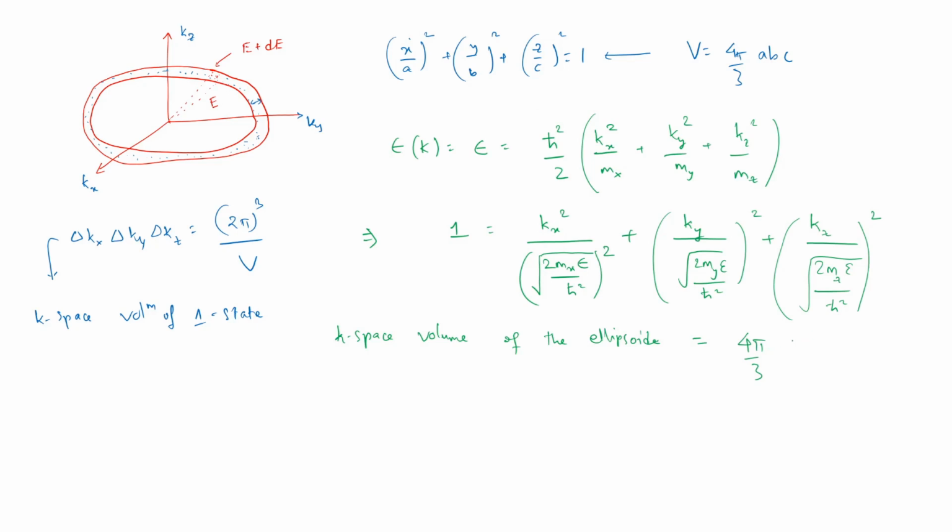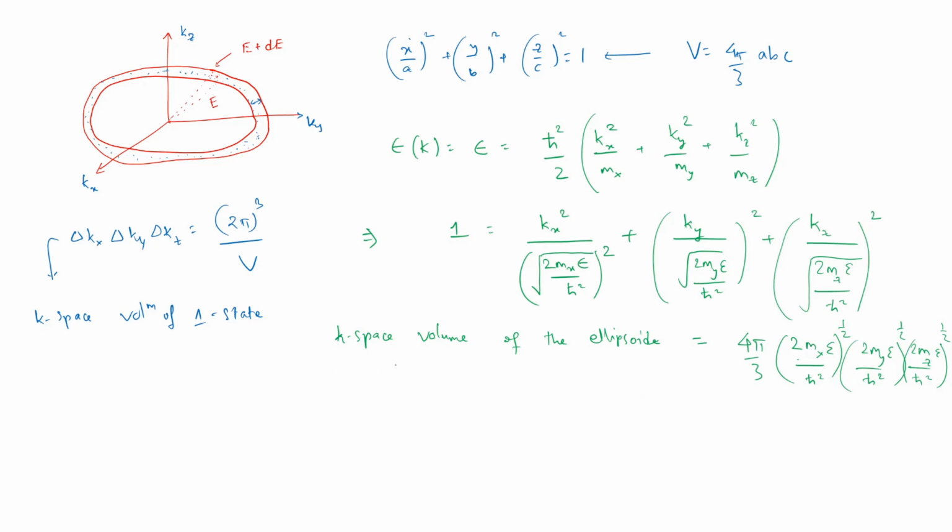So it would be 2mx by h bar square to the power 1 by 2, 2my by h bar square to the power 1 by 2, 2mz by h bar square to the power 1 by 2. This is how it will be.